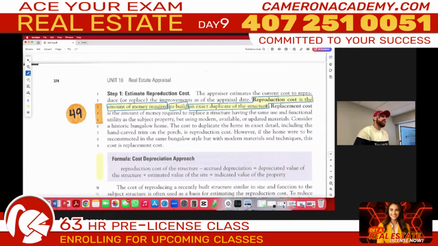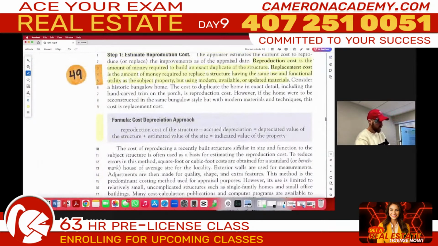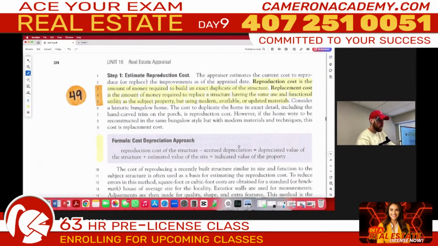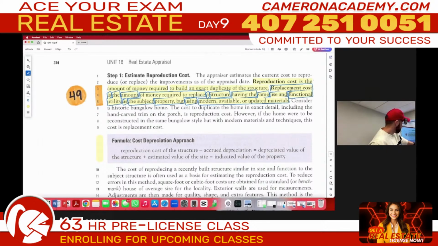We're going to make up our own example of a property and see how this method works. But for a class exam question, you have to know the difference between reproduction cost and what we're tested on, which is replacement cost. It's once again the cost to reproduce a structure, but using modern, available, and updated materials, not the same exact materials that it was originally constructed with. And replacement costs, as we can see here on page 374.